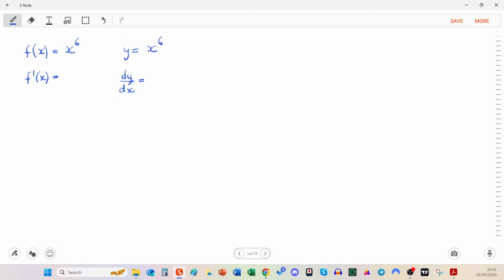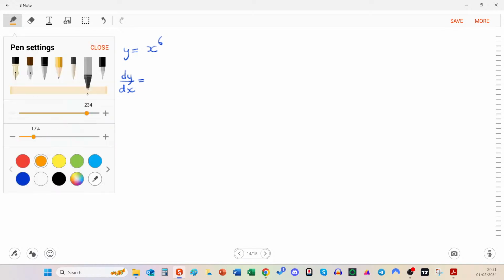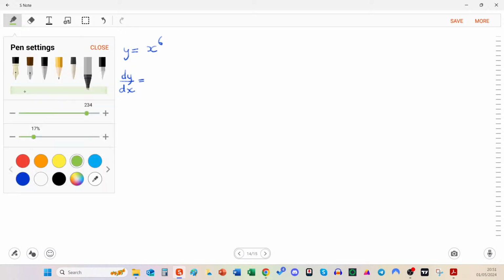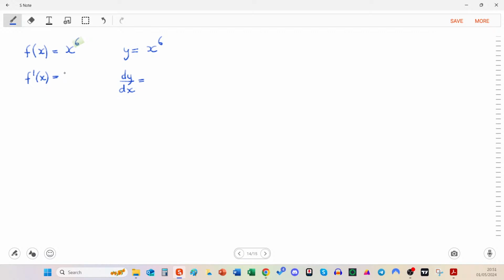All right, so what we do is we bring the current power, the current index, down the front, multiplying it here, and we take away 1 from the power, so that becomes 5. It doesn't matter if you use this notation, you're going to get the same answer.